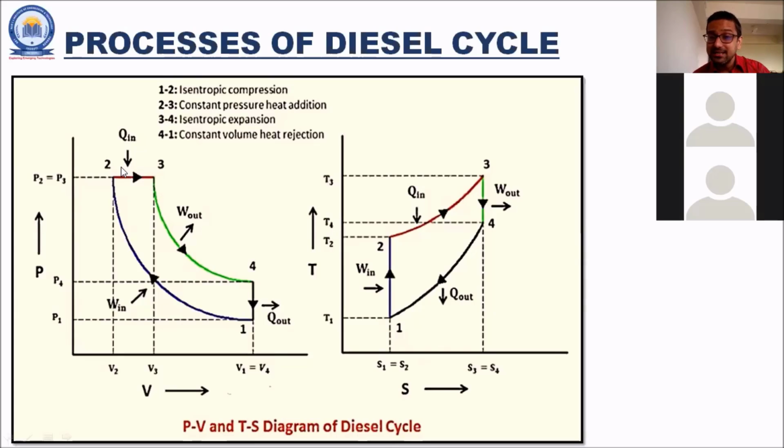So friends, I am repeating this important point once again. In the constant pressure process 2 to 3, we will be supplying the diesel fuel with the help of the injector. And for injecting the diesel fuel into the engine cylinder in a fine atomized spray, now a new ratio will be coming into the picture, that is the cut-off ratio.